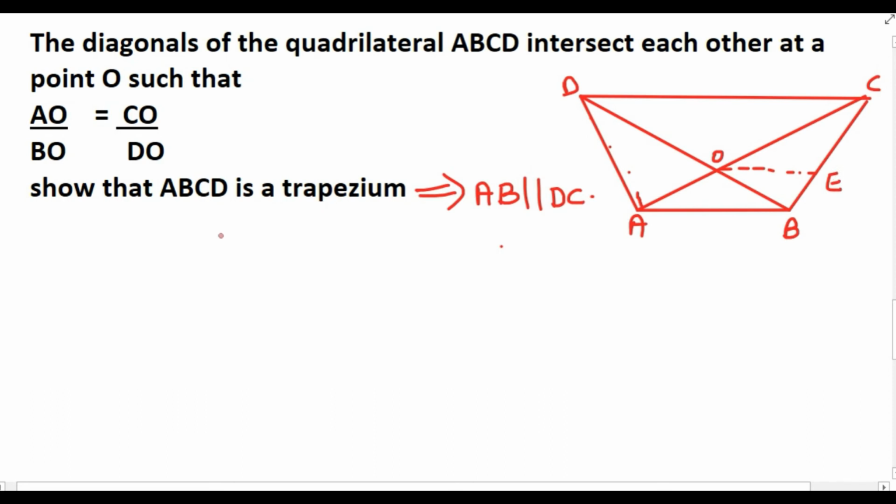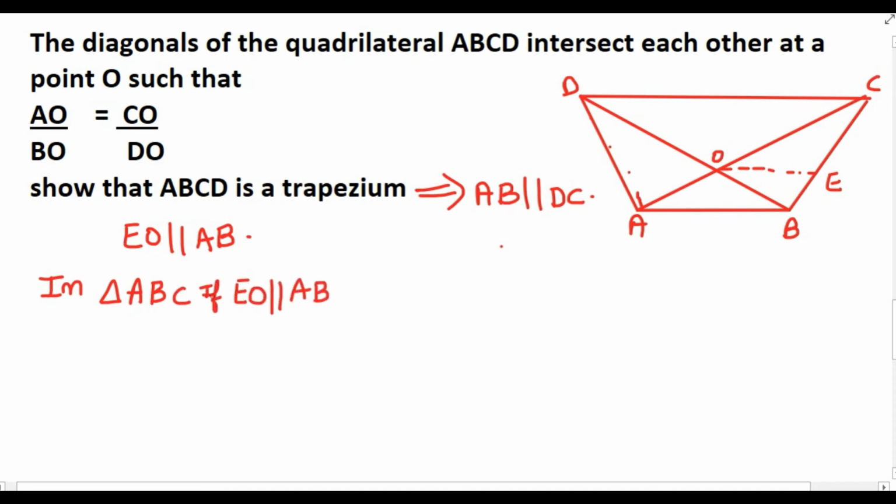Now in triangle ABC, EO is parallel to AB, then by Thales' theorem I can write AO divided by OC is equal to BE divided by EC.